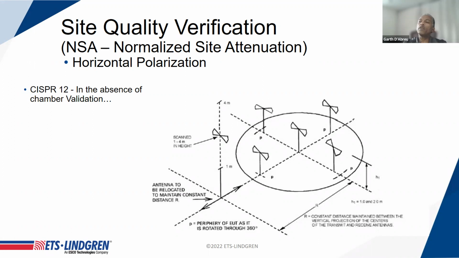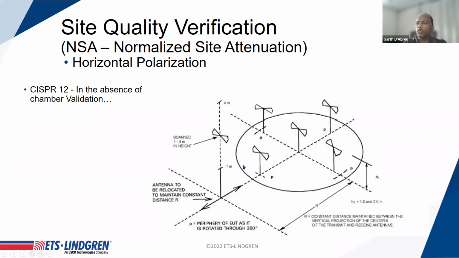But what we found is that most manufacturers that are interested in testing large objects, or objects at test distances that require chambers that would be used for consumer electronics, would also benefit from using the same chamber for other tests as well. So in a lot of cases, we would actually use the same CISPR 16 validation techniques for manufacturers that are testing to CISPR 12, although it's not required in CISPR 12 to have that level of chamber validation. There's no harm in doing it.